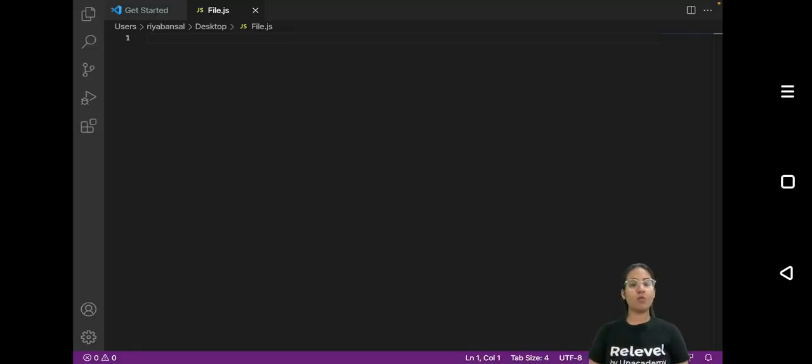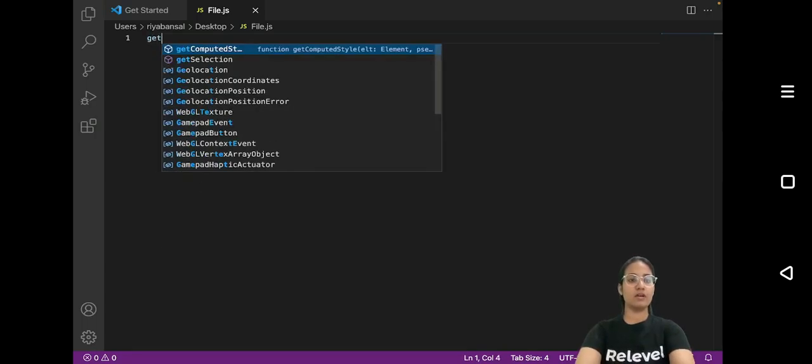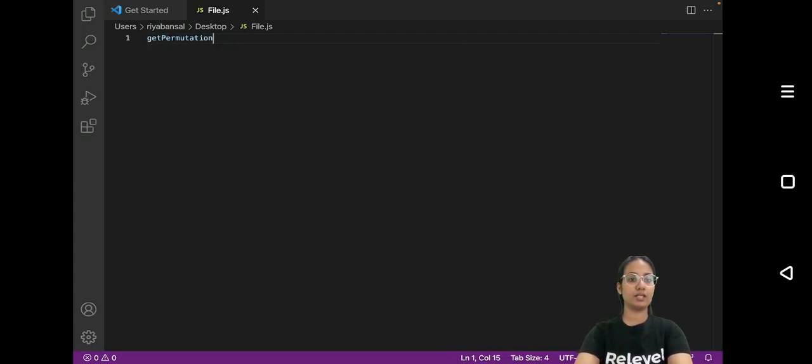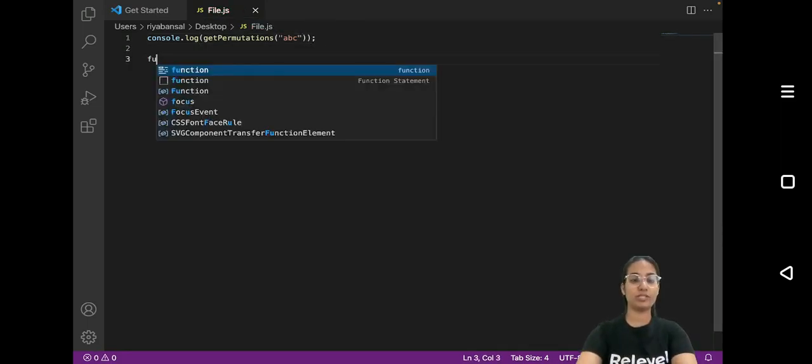Alright, so now we'll take a look at the implementation for this problem. We will make a function getPermutations, and let's say we are calling it for ABC, and whatever the output is, I am doing console.log, so I'll get it.